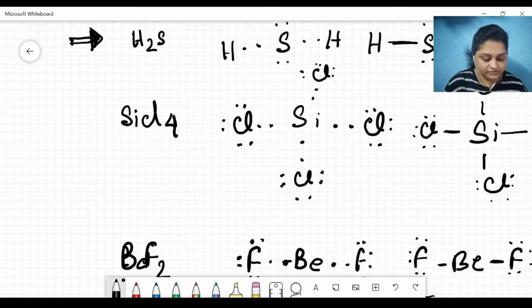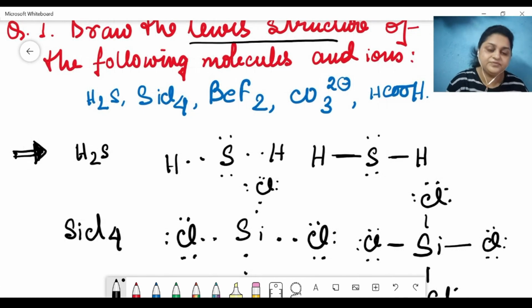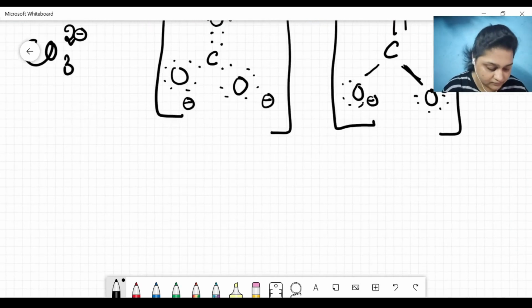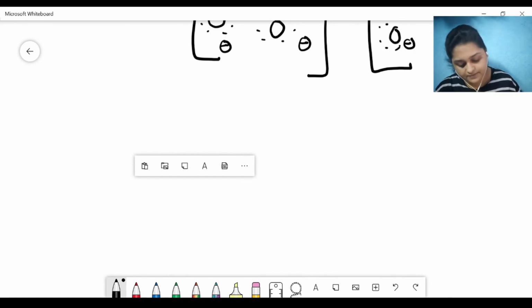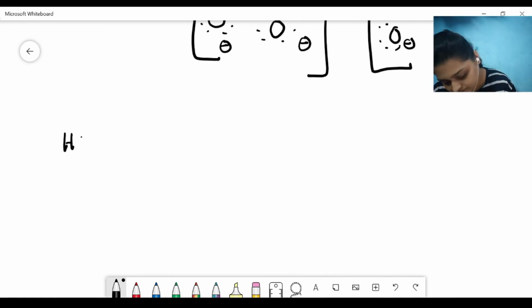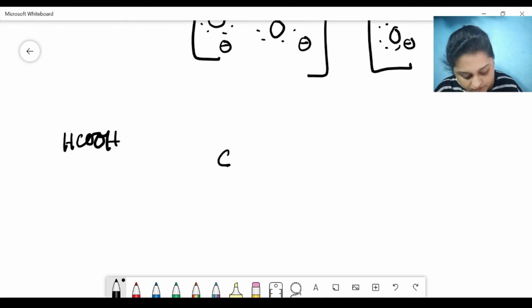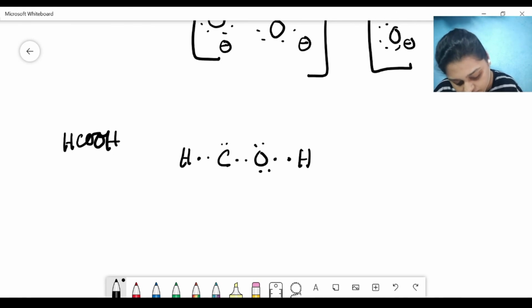The last one is formic acid, HCOOH. Carbon, oxygen, hydrogen, and oxygen.